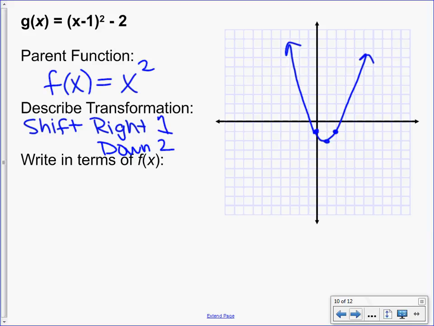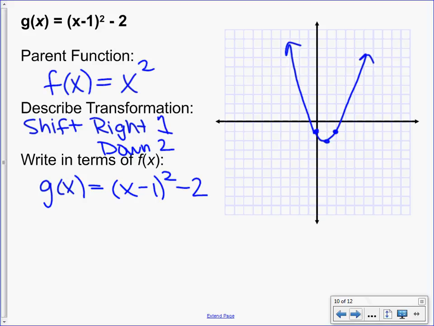Now we want to write g of x in terms of f of x. This is the part that people get hung up on. It's not as complicated as it sounds. So g of x right now is x minus 1 squared minus 2.